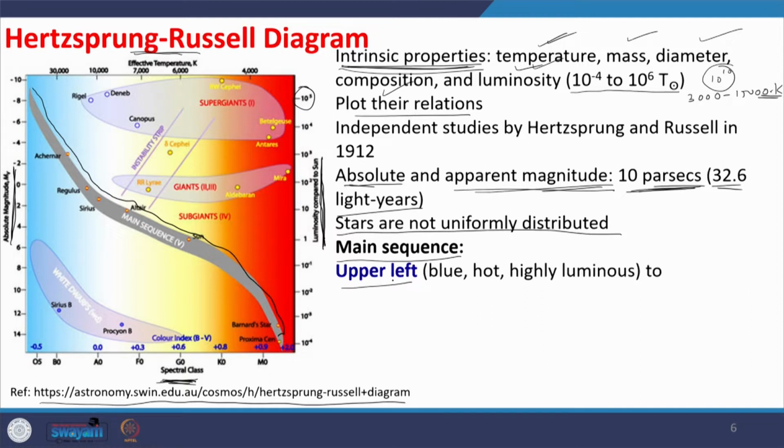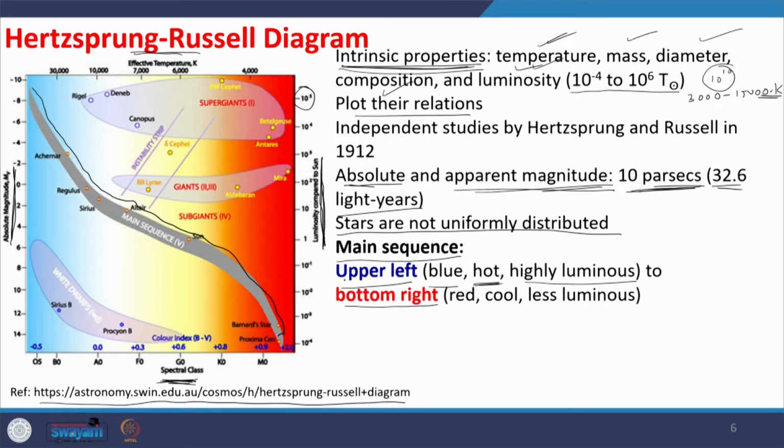This sentence is very important. In the upper left of the diagram, the stars are blue. The stars emitting blue are very hot, with high temperature, around 30,000 kelvins, and are highly luminous. The majority of stars are distributed from upper left to bottom right.